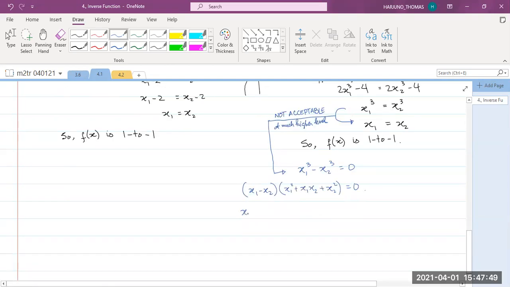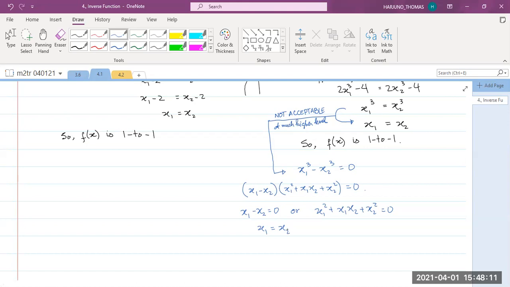Where either x1 minus x2 equals 0 or x1 squared plus x1 x2 plus x2 squared equals 0. Now we get the one we want here, x1 equals x2. But is it possible that we have an x1 which is not equal to x2? And when you put them together here, we get equals 0.